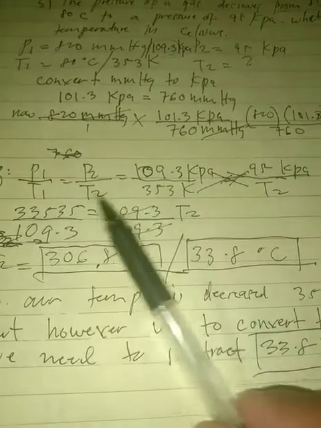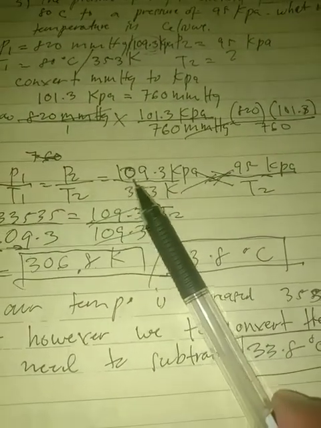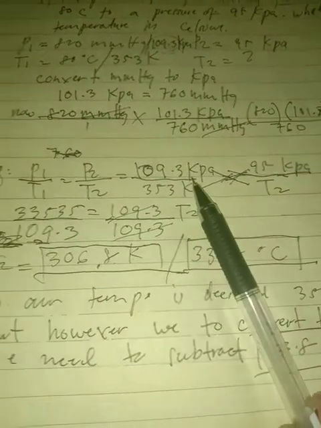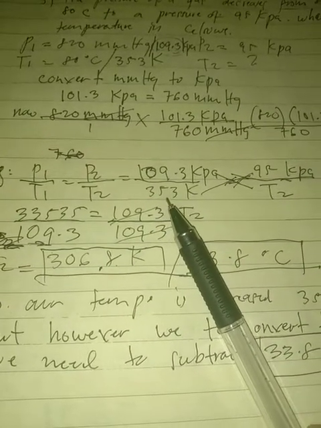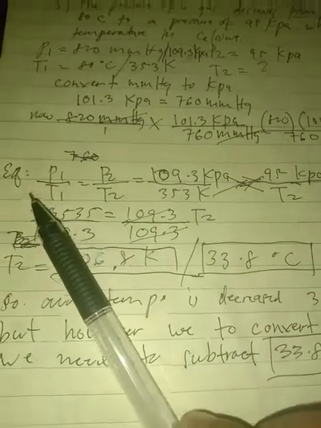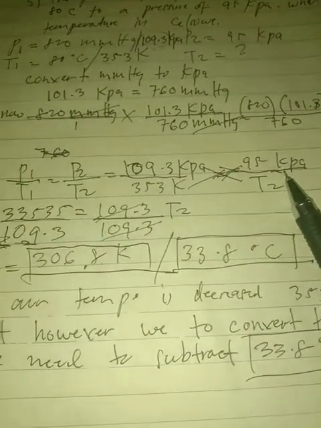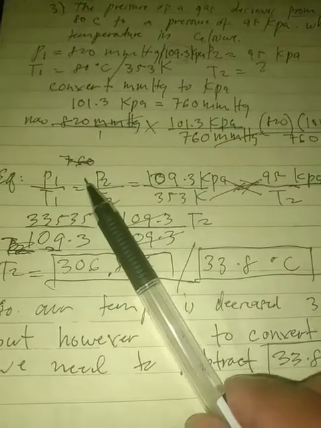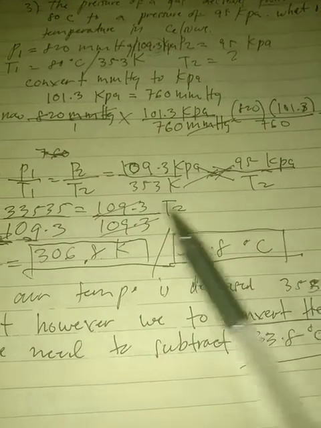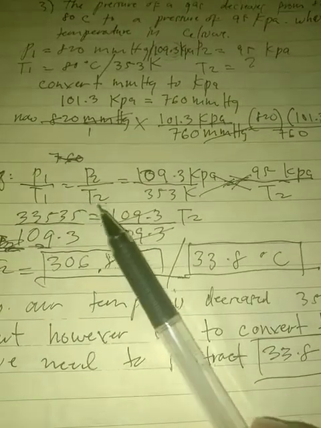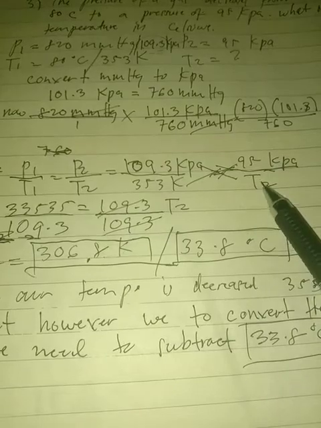We have no volume in this problem. So 109.3 is our P1, 353 Kelvin is our T1, 95 kPa is our P2, and our T2 is unknown.